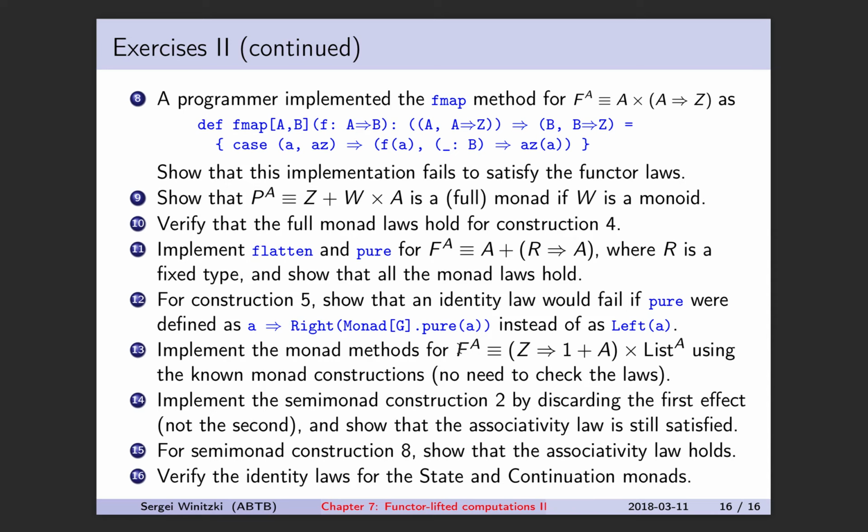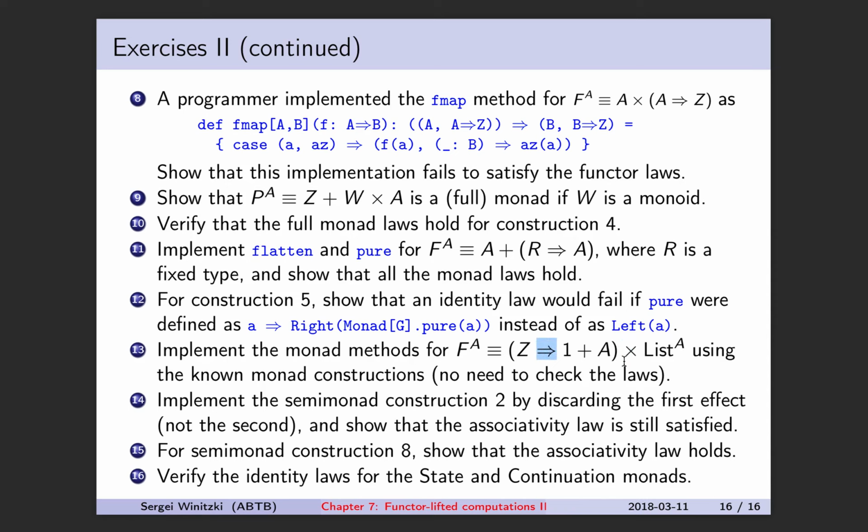In the next exercise, the question is to take this and find the constructions that you can use to construct this monad. And once you find it, you already know that list is a monad, for example. You don't need to check the laws. So then you need to just implement the monad methods for it. And to do that, you look at the constructions, and the constructions actually implement the monad methods for each step of the construction.